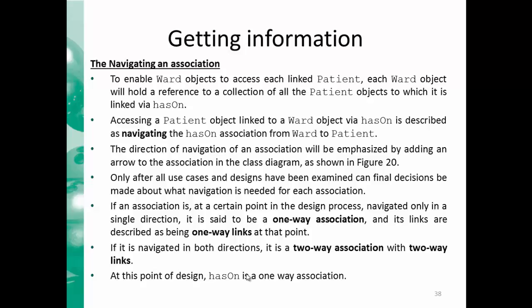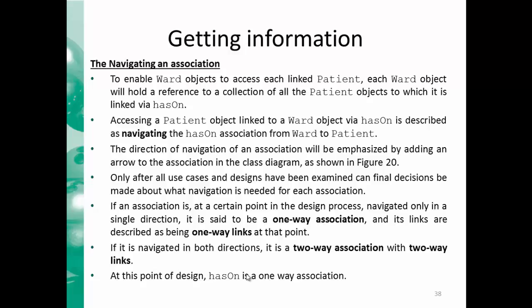Now, a very important concept we use is what we call navigation of an association. The navigation of association will decide whether the cooperation and the interaction between two classes will go one way or two ways.